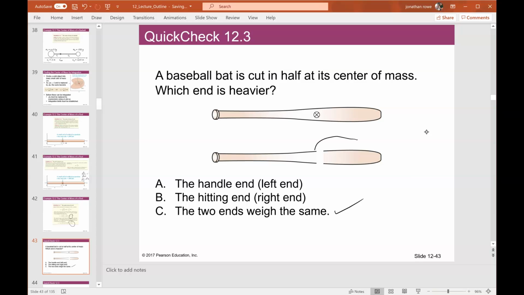But it's got to be this end. Why? Because since this is the center of mass, if this end is farther away from the center of mass, then in order to make up for that, this has a greater radius, so this has got to have a greater mass, because it's the mass times the radius that gives us the moment of inertia.